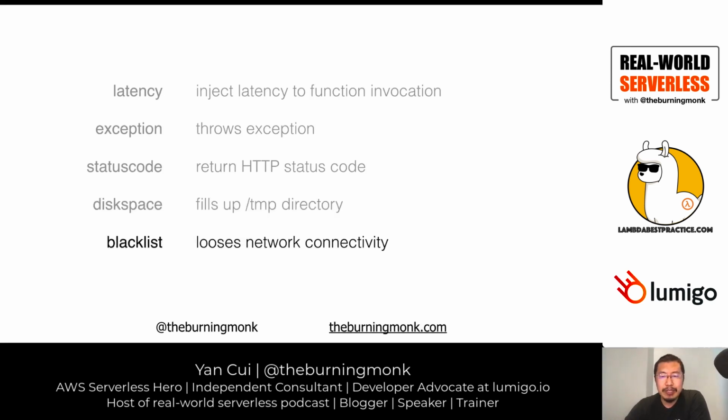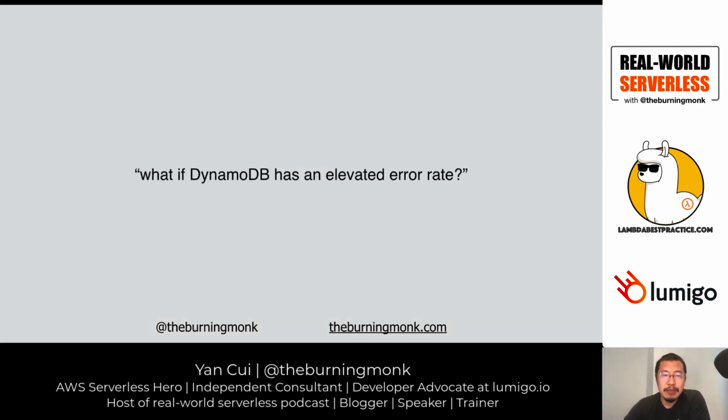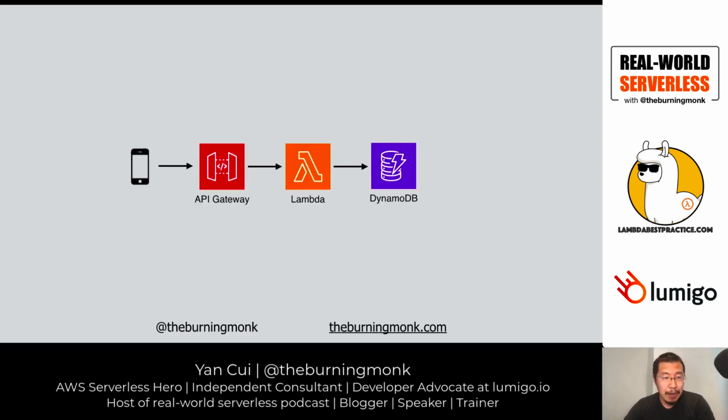Or in cases where we want to test what happens if we talk to some other services and there's some networking issues happening, we can use the blacklist option from the failure-lambda library to simulate those as well. So this could be useful for testing, for example, what happens if there's something wrong with DynamoDB and there's an elevated error rate from DynamoDB itself.